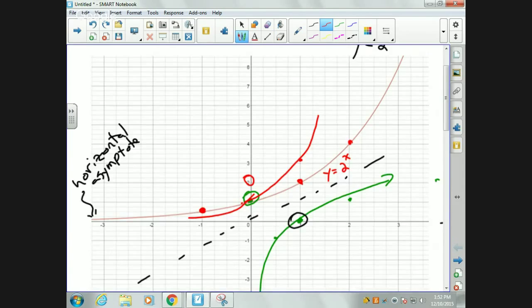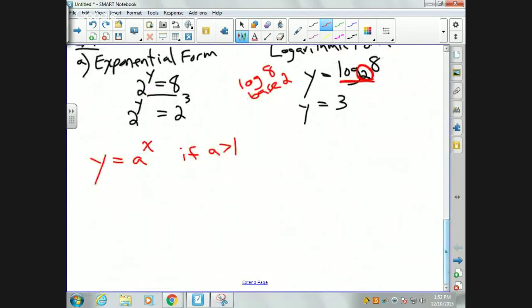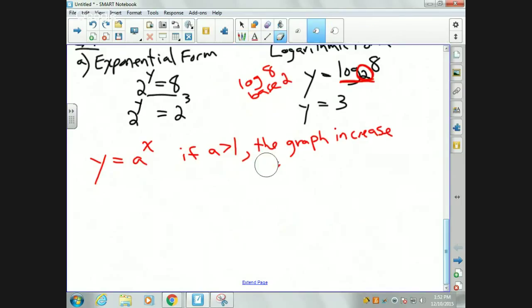I should write that down, because if a is greater than 1, the graph increases. We've talked about that already, but the graph increases faster as a gets bigger.